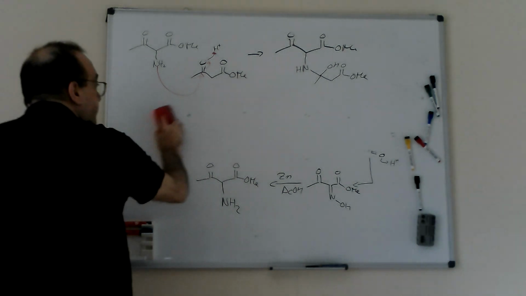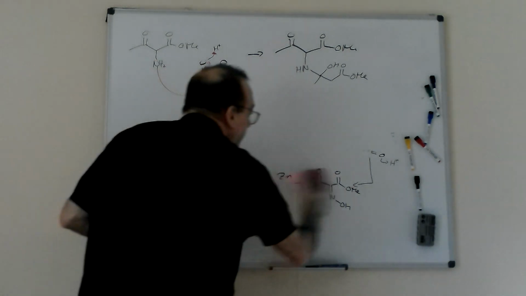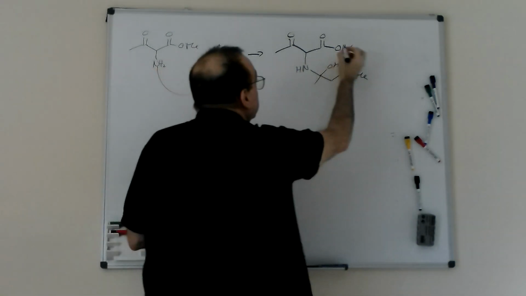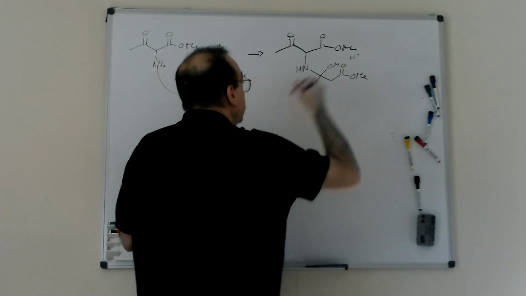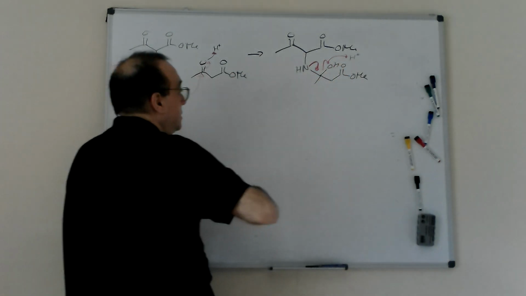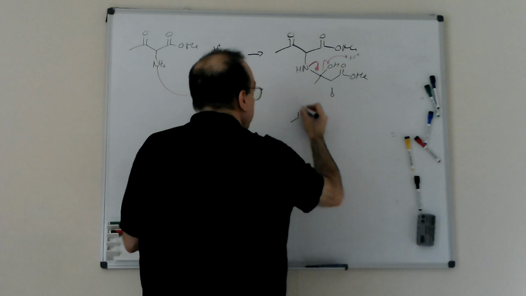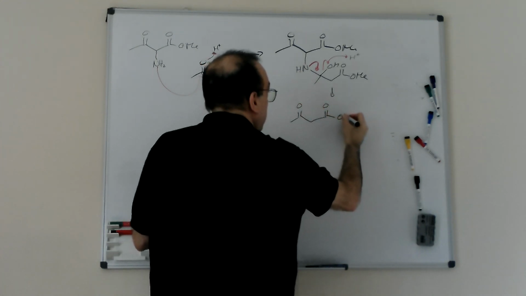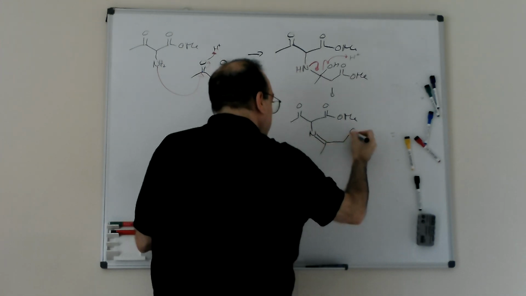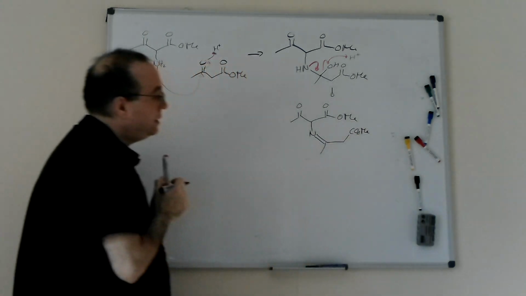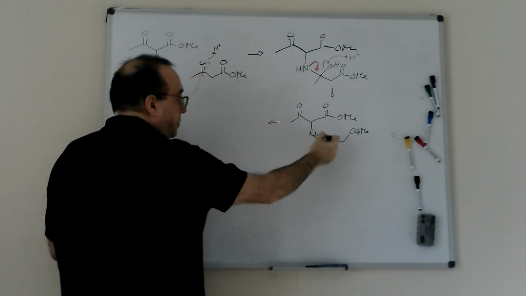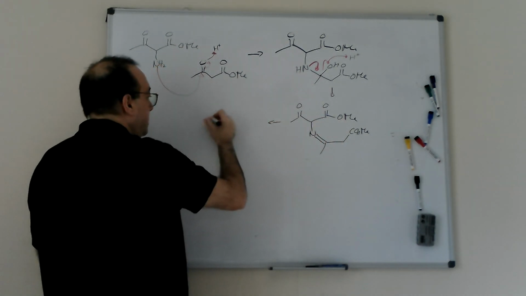Then it eliminates water, we protonate the alcohol to make a very good leaving group, that would be water, and then we form imine. We form imine and then tautomerization to enamine. We tautomerize this imine to the enamine form, and what we get is exactly this.